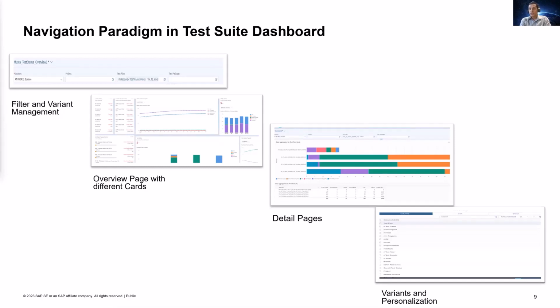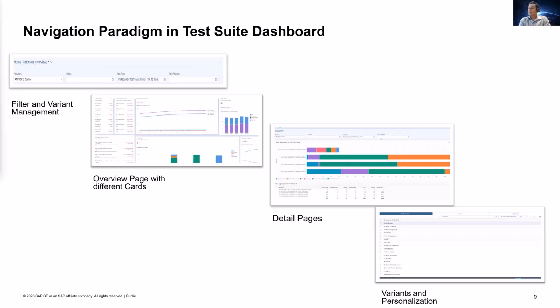From there on, once you tell what data you want to see, you are shown the overview page with different cards. You can select the cards, the height, the width of the card, and tell which card you want to see a little bit bigger or smaller, which card you want to see first, second, and so on. So different overview cards are shown to you.